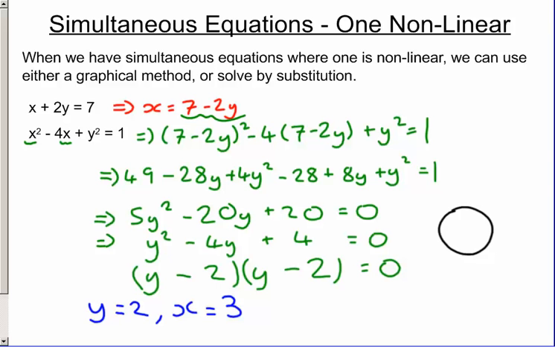Either the line might never touch it, in which case there's no solutions, or the line might just touch it and be a tangent, in which case there's one solution, that's this example here, or finally the line might go through twice and cut the circle or the curve twice, giving us two solutions. So the number of solutions tells us something about the relationship between the curve and the line. Either they don't intersect at all, they just touch because the line is a tangent, or they intersect twice.